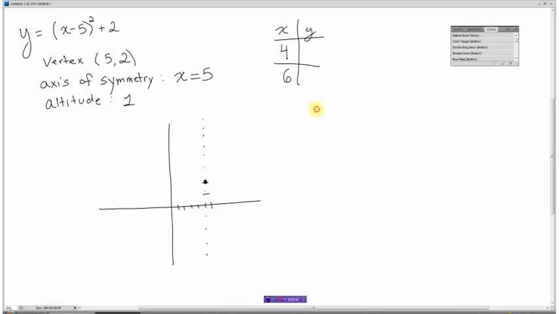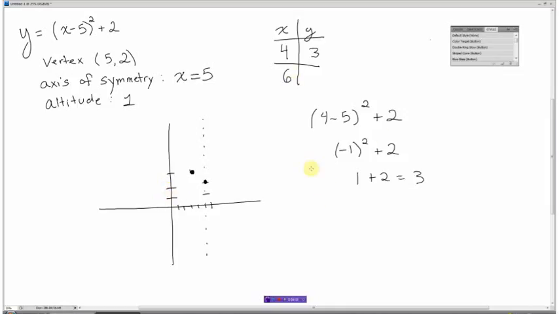Okay, let's plug in 4. So 4 minus 5 squared plus 2. That's negative 1 squared plus 2, which is 1 plus 2, which is 3. So when we're at 4, we're actually up here at 3. Because that's 2, and that's 1.